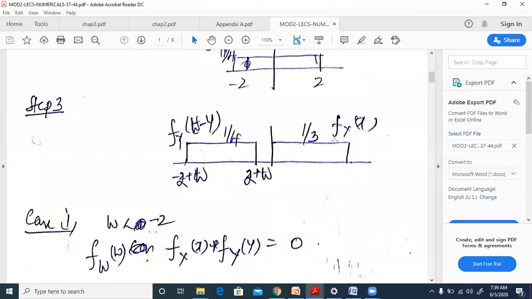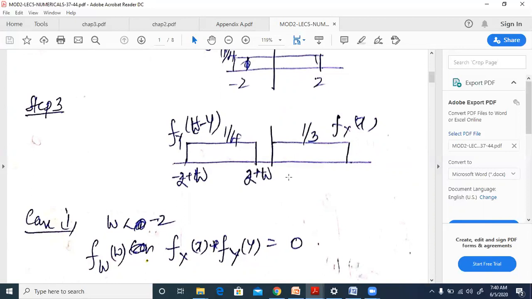Till the time this point comes on this, there will not be an overlap between these two. Till this point comes with respect to this, that means this is 0. Till the time 0 is equal to 2 plus w, that is, 2 plus w equal to 0 will give w equal to -2.